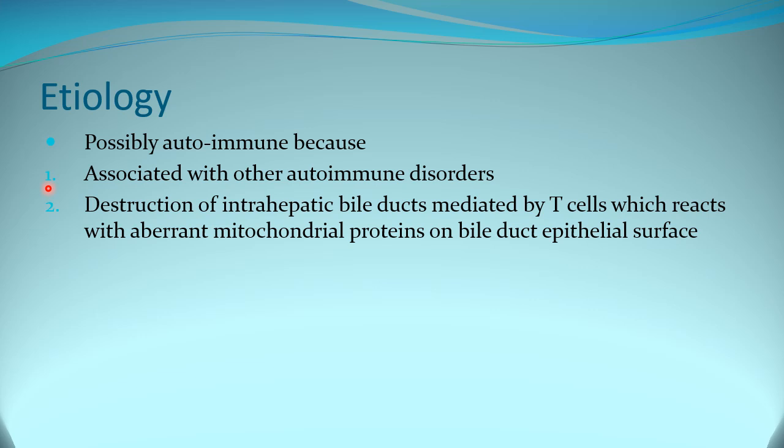So here also there is T cell mediated destruction, which reacts with aberrant mitochondrial protein on the bile duct epithelial surface. This reaction of the T cells with the mitochondrial protein is the autoimmune process associated with biliary cirrhosis.